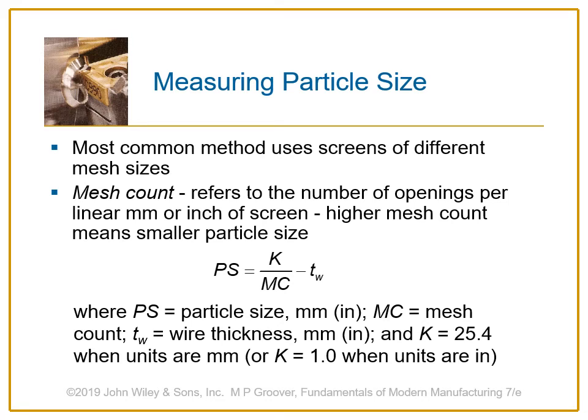So how do we measure the particle size? The most common method is to use screens of different mesh sizes. The mesh count refers to the number of openings per linear millimeter or inch of screen. So when we have a higher mesh count, that means we have a smaller particle size.